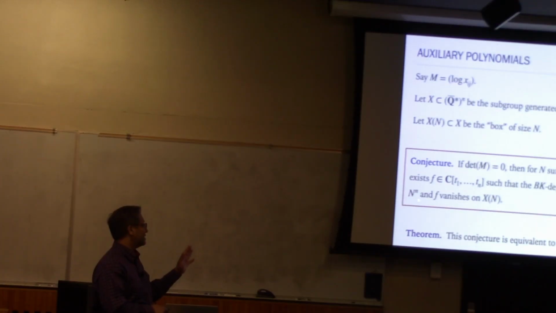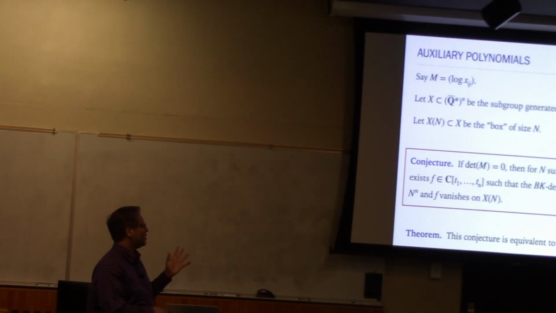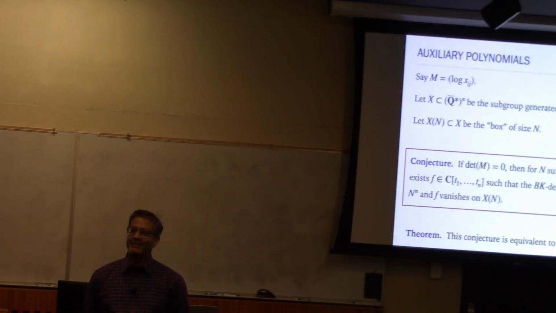So you're saying the degree is less than n squared, and the volume is less than n squared. If you could make a polynomial like that that vanishes on x of n, then you could prove our conjecture, and our symmetrical conjecture, which would be huge.